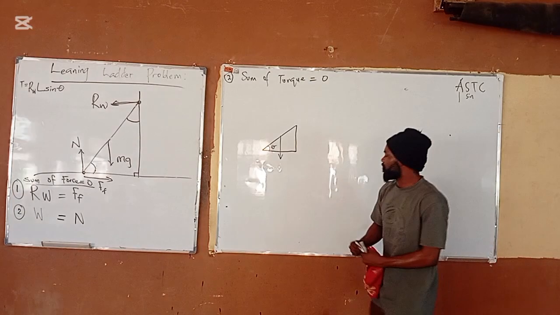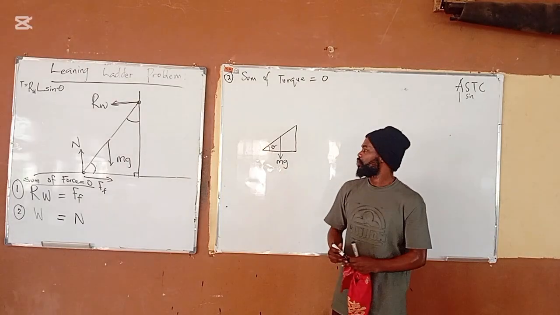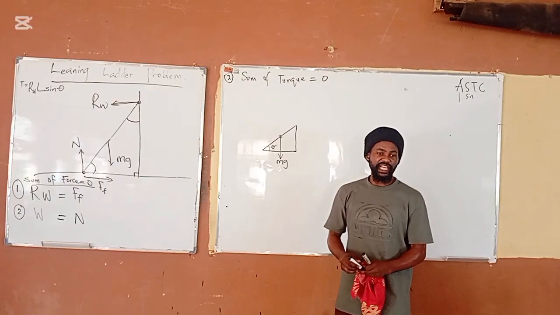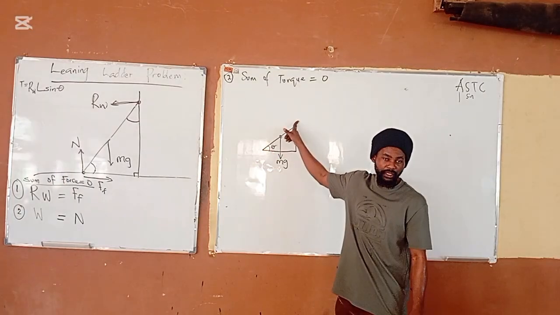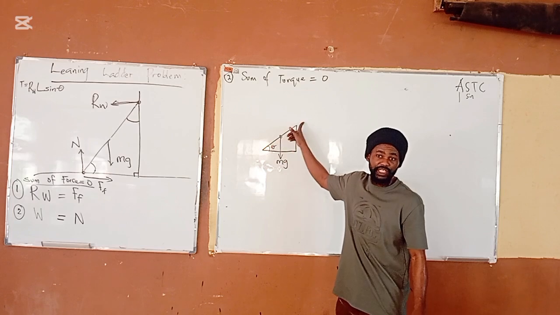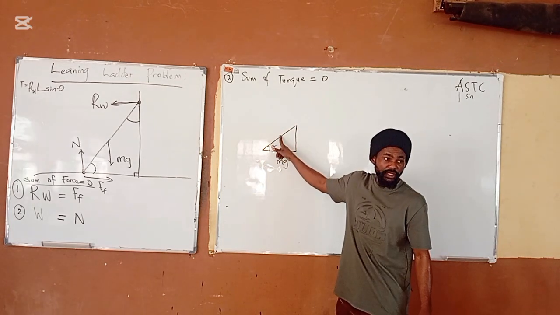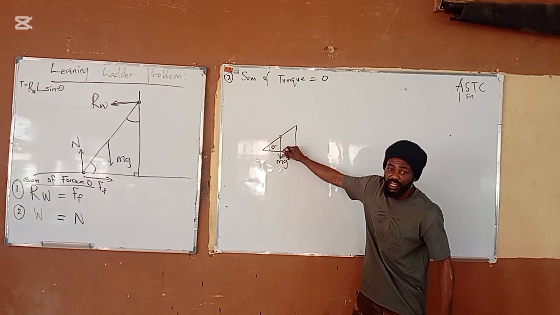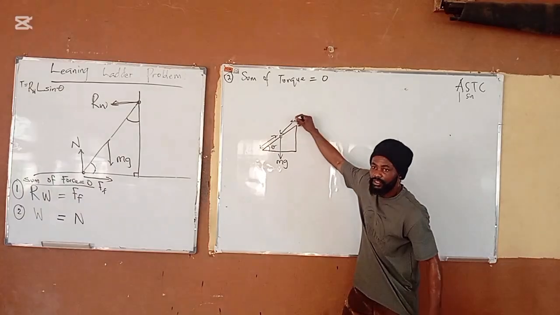So if that be the case, we are still illustrating. We've not started solving an example. This is my mg. Notice, this mg is acting at where? The center, right? This ladder from here to here is the full length. If I have it to be maybe 20, that means the mg here is acting at 10, right? This force is actually acting here and also acting here.